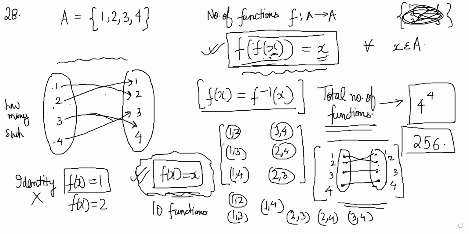Now what? We still have the answer. What are you saying? Explain. You can have 1 to 2, 2 to 1. Okay, these are pairs.